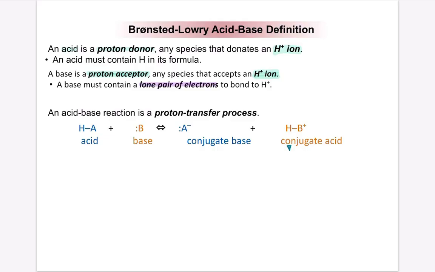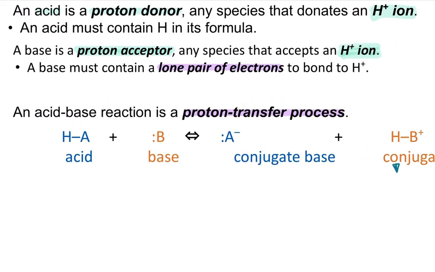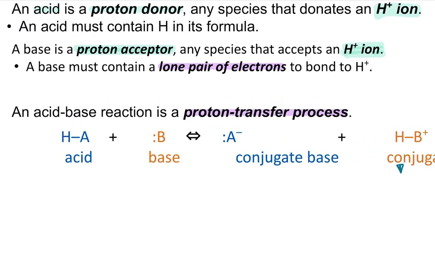When we're looking into an acid-base reaction, we're looking into a proton transfer process. So we're going to focus on which of the substances is our proton donor and which of our substances is a proton acceptor. Our proton acceptor must have a lone pair of electrons in its formula.